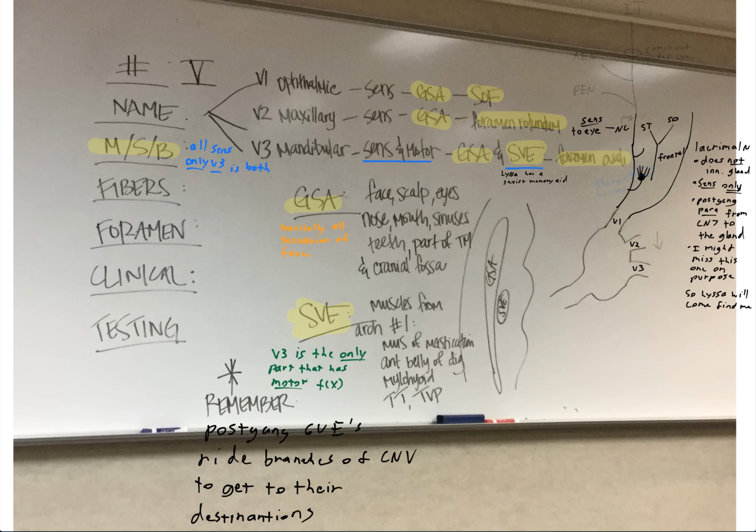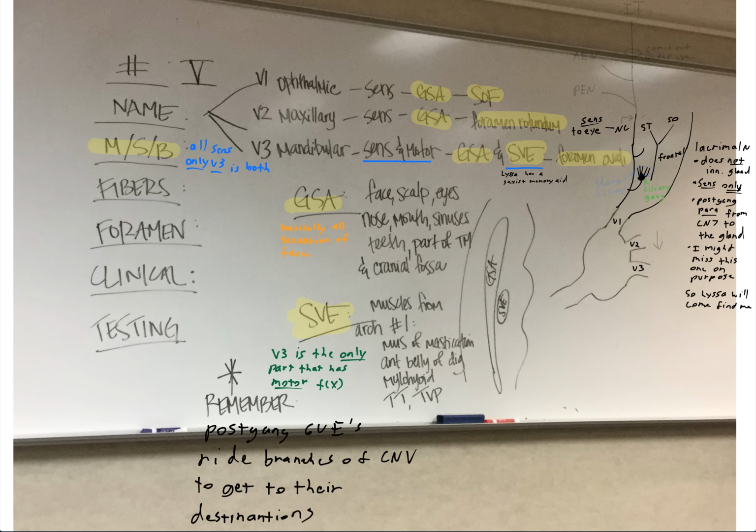Remember that? The function of the short ciliary nerves is just sensation to the back of the eyeball. Sensory, sensory, sensory. But they are carrying your GVEs from cranial nerve 3 to their target. Remember, we drew that when we drew cranial nerve 3.